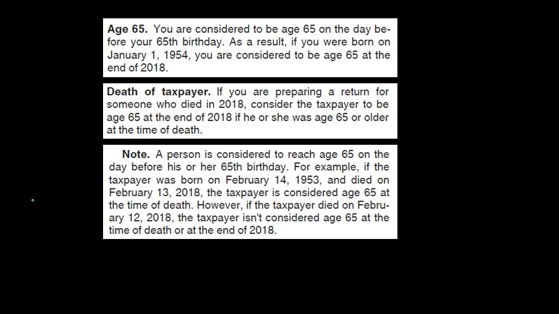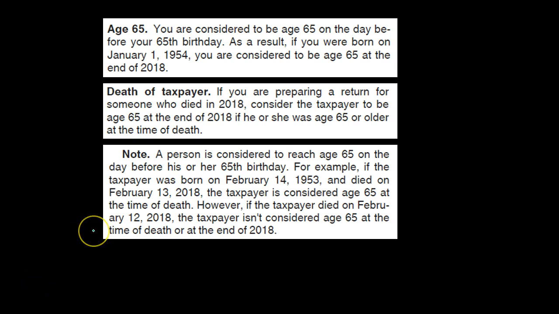For example, if the taxpayer was born on February 14th, 1953 and died on February 13th, 2018, the taxpayer is considered age 65 at the time of death. However, if the taxpayer died on February 12th, 2018, the taxpayer isn't considered 65 at the time of death or at the end of the year.